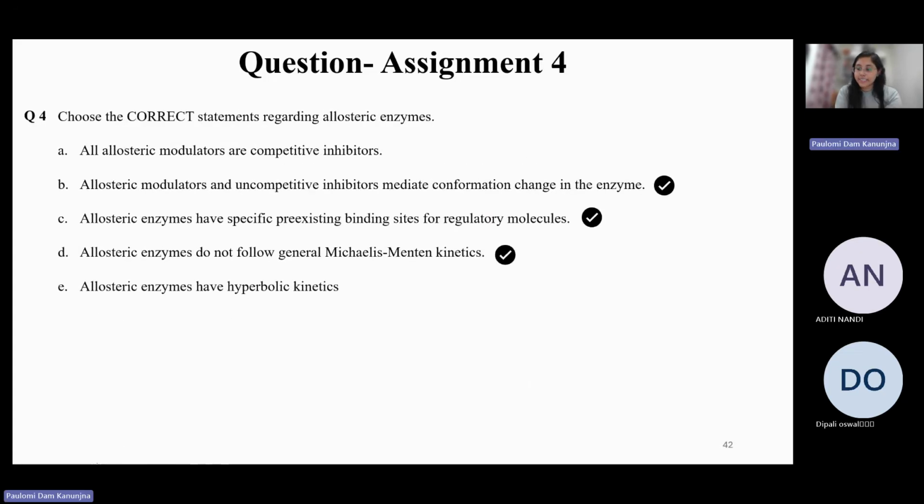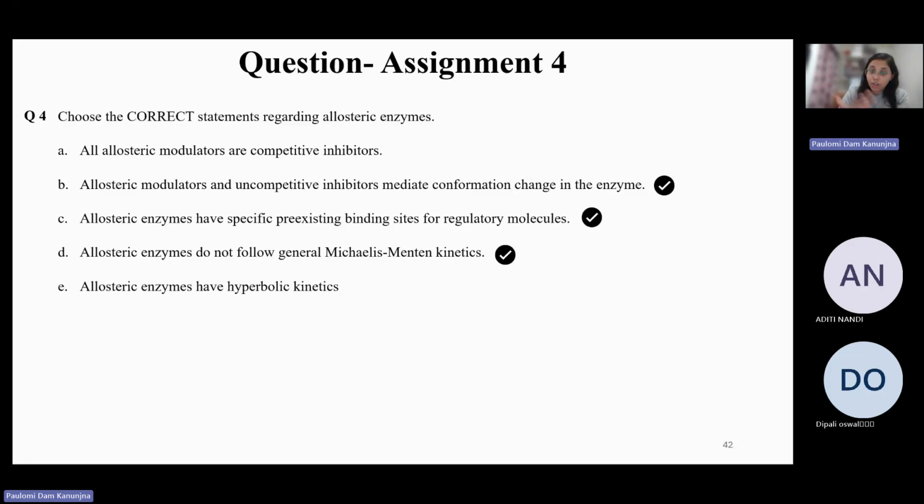Yeah, B, C, D is the correct statement. I will tell you about this question and then I will come to the question that you asked. It says that all allosteric modulators are competitive inhibitors. Incorrect, because we know they don't bind to the active site. That's why they're allosteric. The second says allosteric modulators are uncompetitive inhibitors that mediate conformational change in the enzyme. That's correct. Allosteric enzymes have specific pre-existing binding sites.